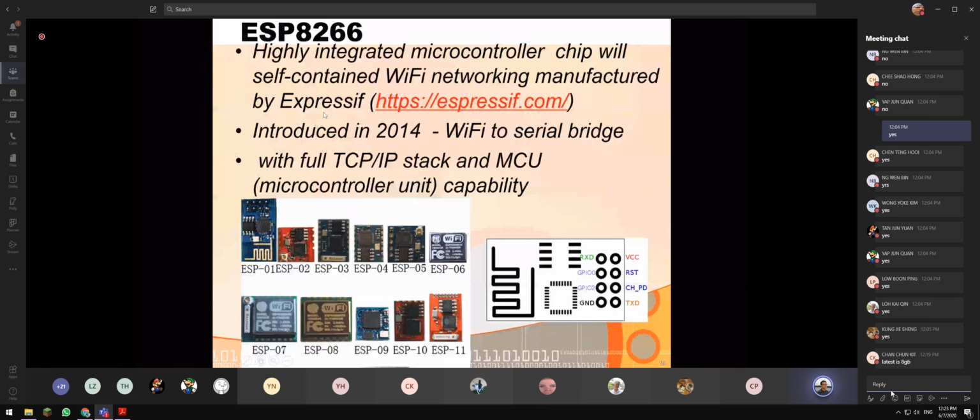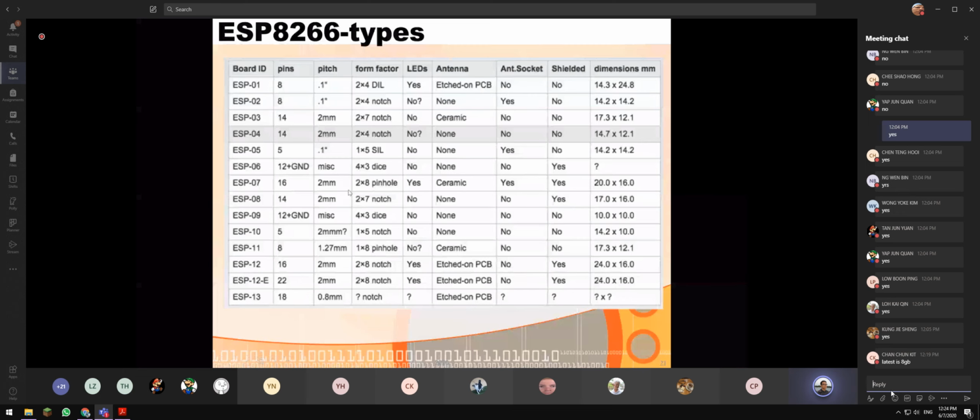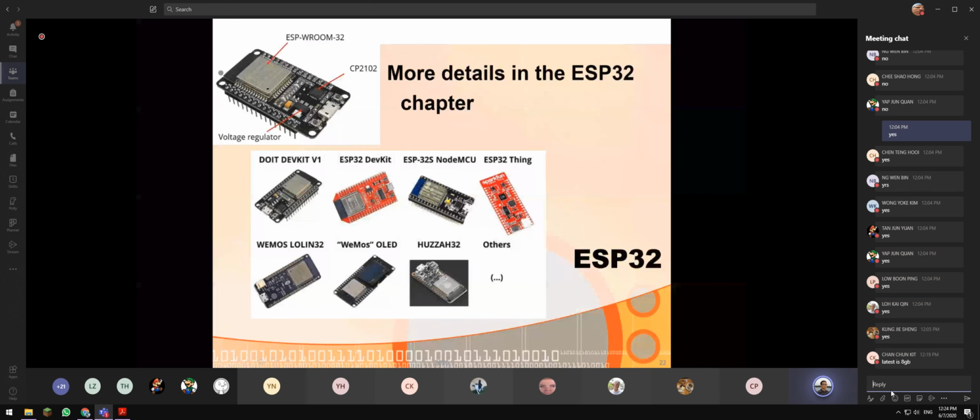However, in those days when you used the ESP8266, you were not allowed to do so. You need a middleman to convert the UART to USB connections, so you need special tools to communicate between the ESP8266 and the computer.